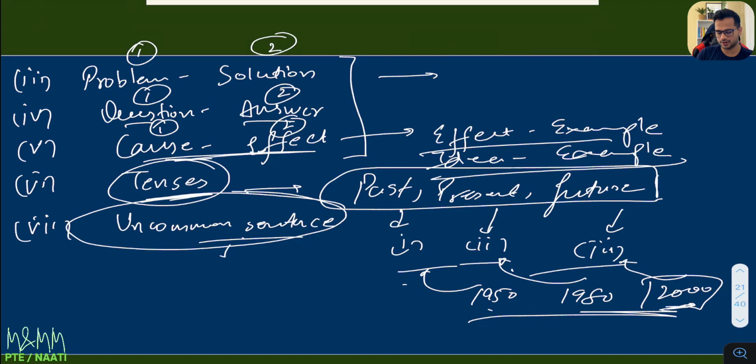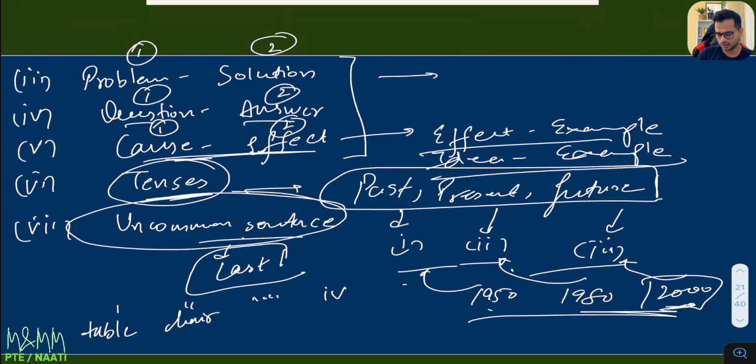And one final rule that we have is the uncommon sentence. As the name says, a sentence which is not related to the complete paragraph will always come at the last position. For example, I've got 4 sentences. One sentence is talking about table, another is talking about chair, another is talking about table, and another one is also talking about table.